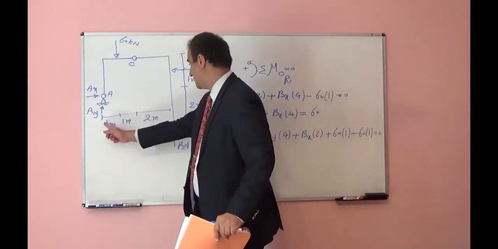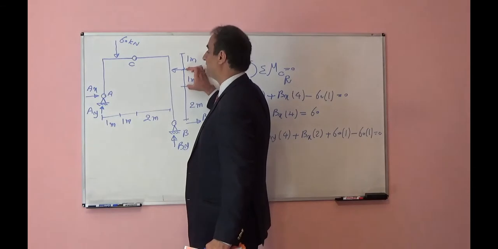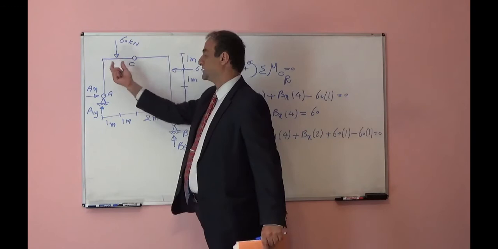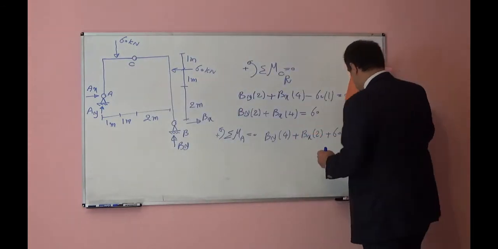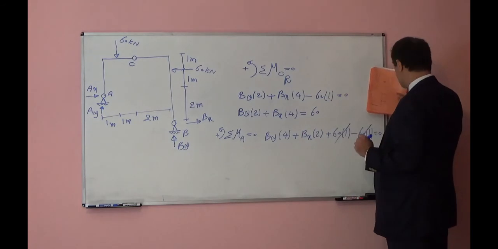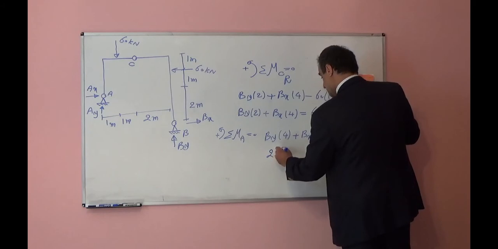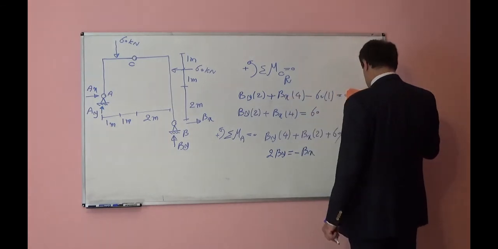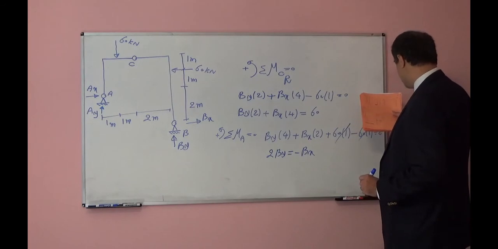By times 4, Bx times 2, 60 times 1, all of them counterclockwise, positive, minus 60 times 1 is equal to 0. From here, these two cancel each other, so I can find 2 By is equal to negative Bx. If I plug this in, I can find By and Bx.